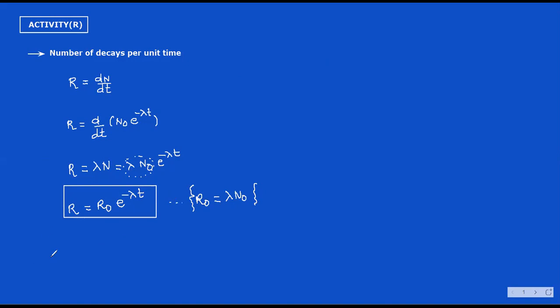Now, what is the SI unit of this activity? So this SI unit is becquerel, and denoted by Bq.